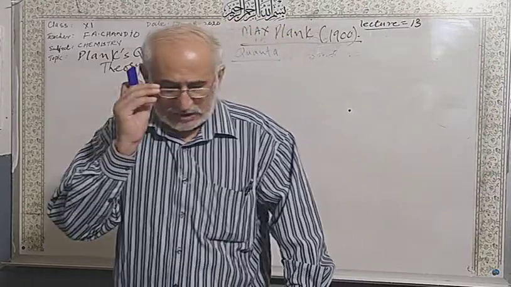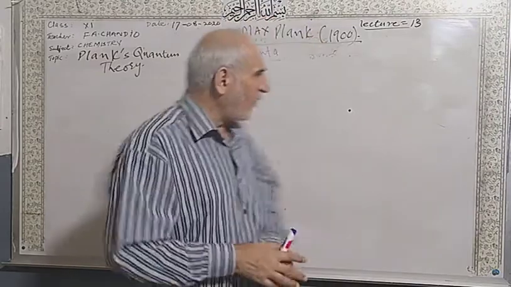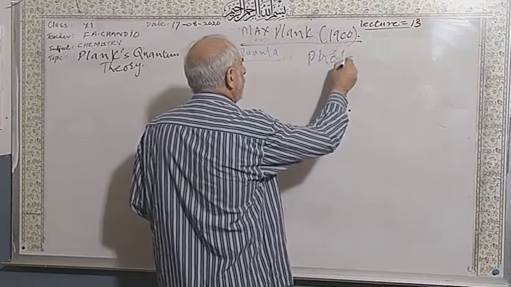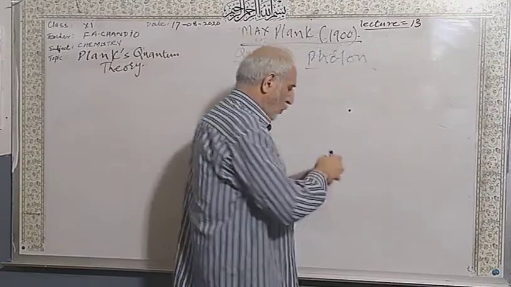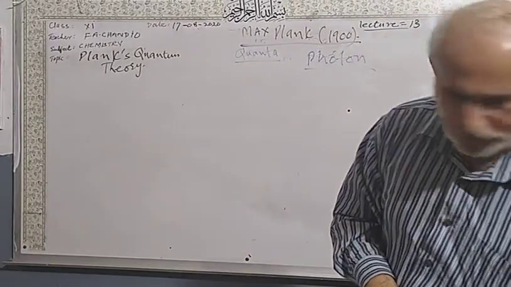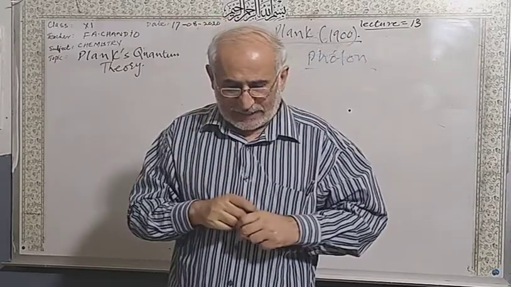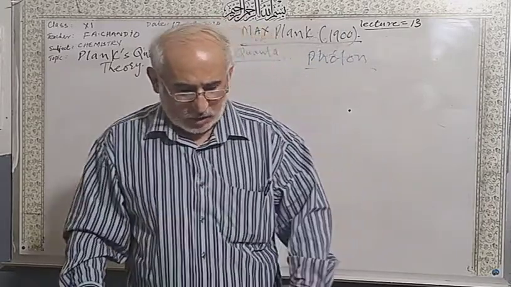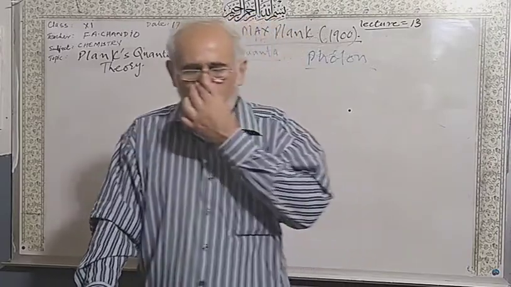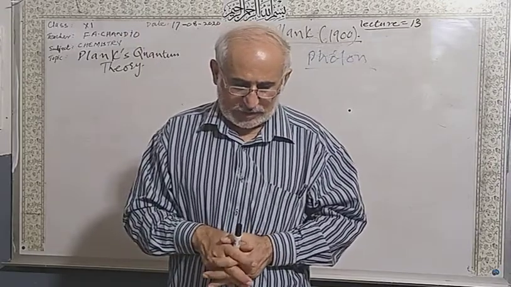In the form of light, this quantum of energy we call a photon. In the case of light, the quantum of energy is often called a photon. This is point number 1, which is a very important point for Planck's quantum theory of radiation.